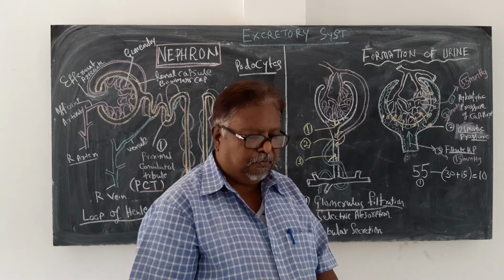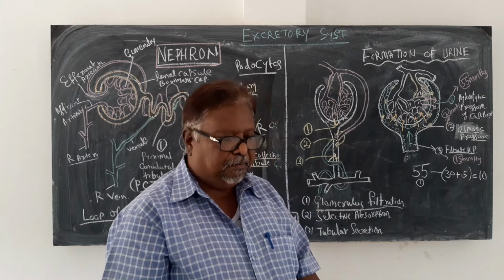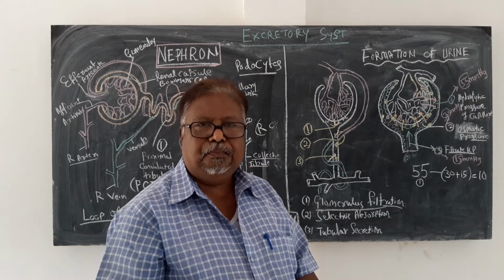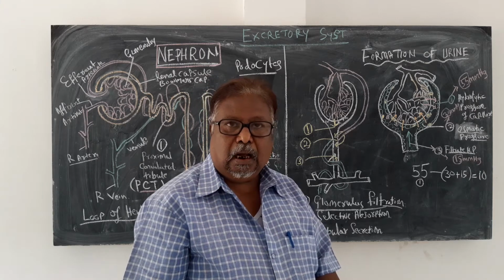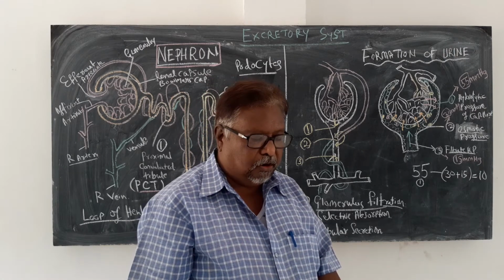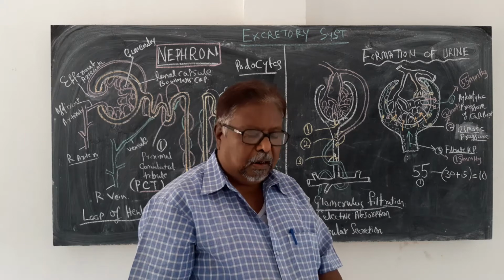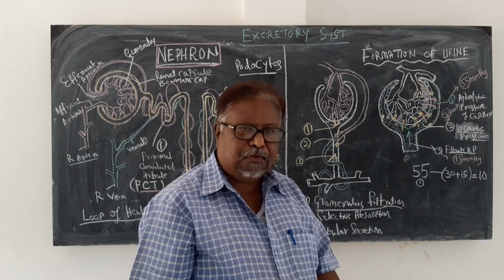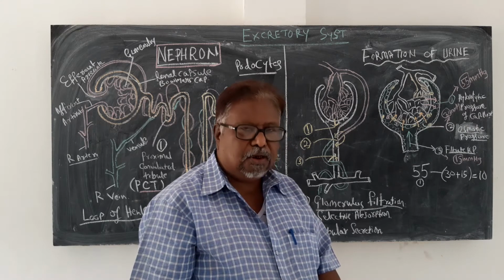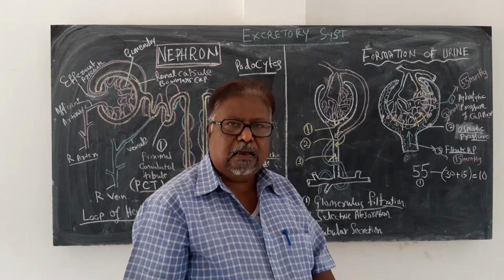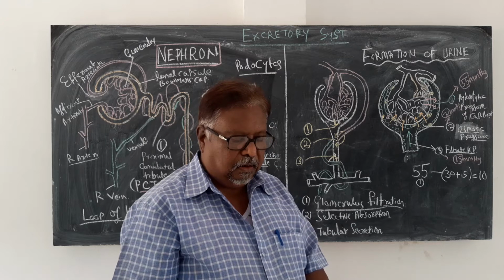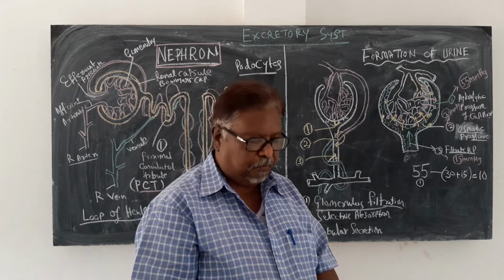Hydrostatic pressure of about 15 mmHg is present in the Bowman's capsule. The filtrate also has the opposing hydrostatic pressure. The net filtration pressure is 55 minus 30 plus 15 is equal to 10 mmHg, and this helps in the glomerular filtration.